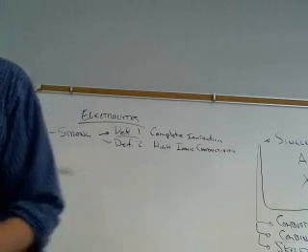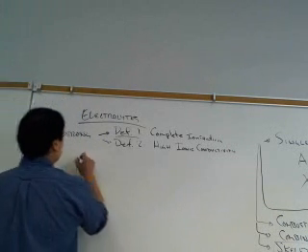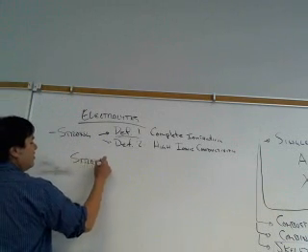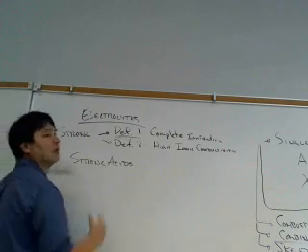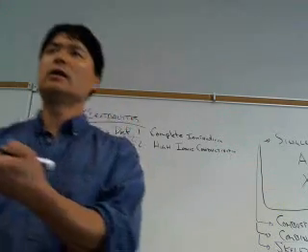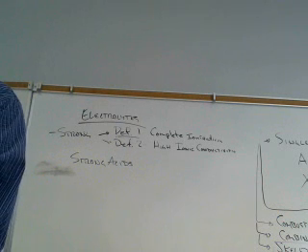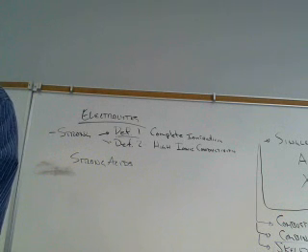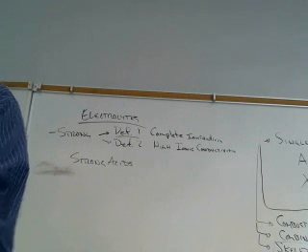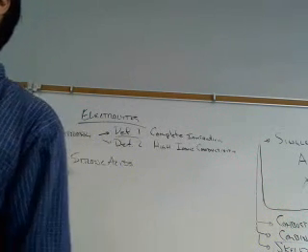Strong acids, good. So we're looking for strong acids. Okay, what are the strong acids? Chloric acid, perchloric, hydrochloric, bromic, hydrobromic. That one you don't have to memorize because I'm giving you this chart here.